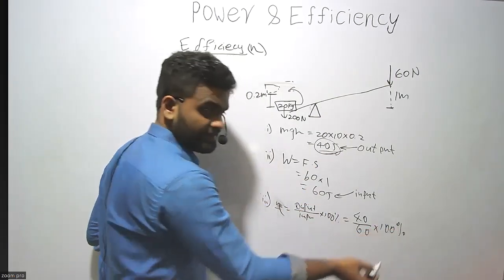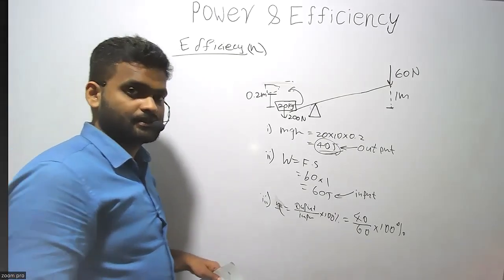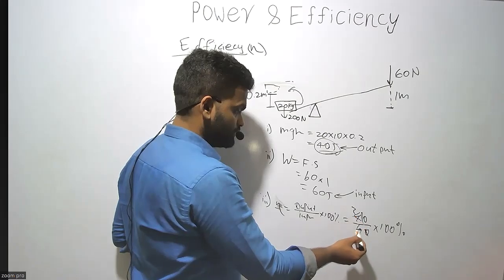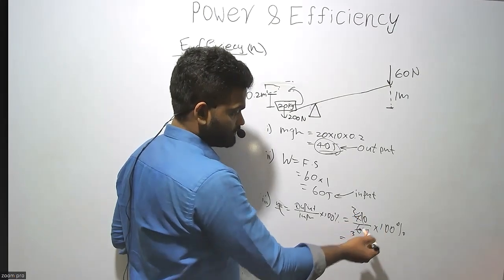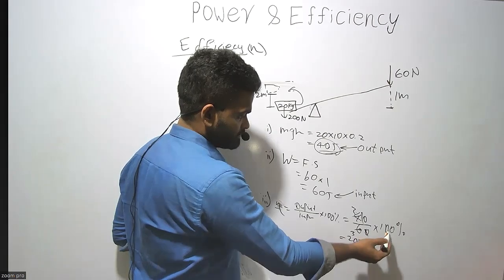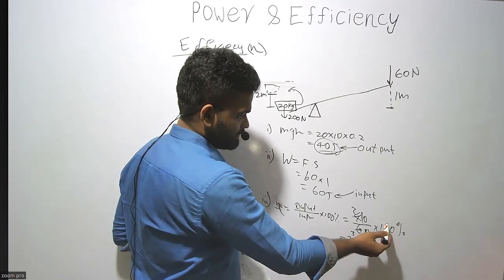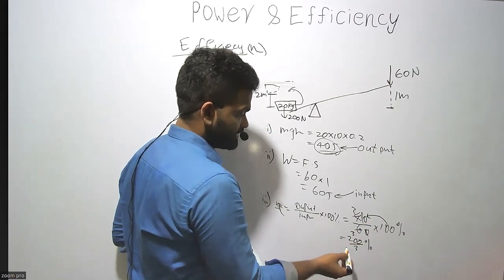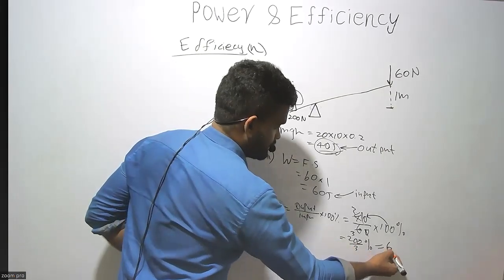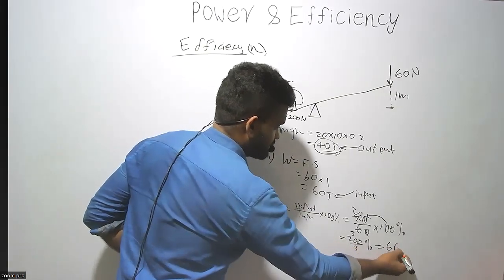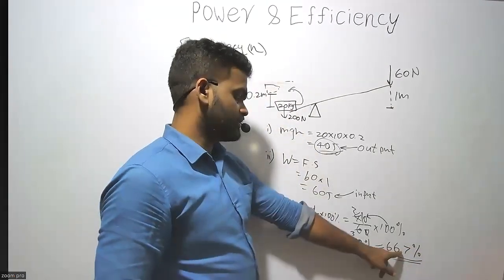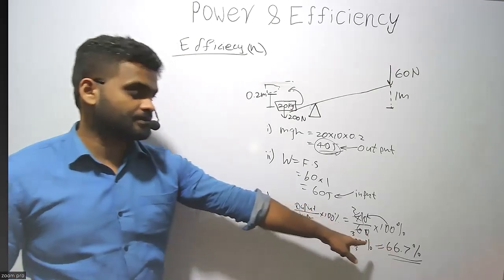You need to provide that as a percentage, that's why we multiply by 100%. This cancels off, 2, 3. So this is 200 divided by 3%. So 20 divided by 3, that is 6, 2 is remaining, 6.7%. So this is 66.7%. That is the efficiency of this lever.